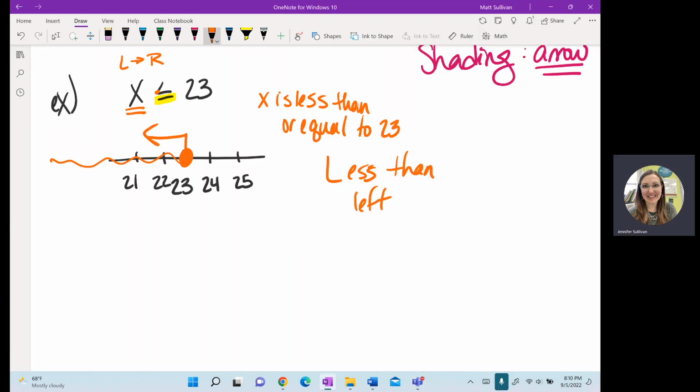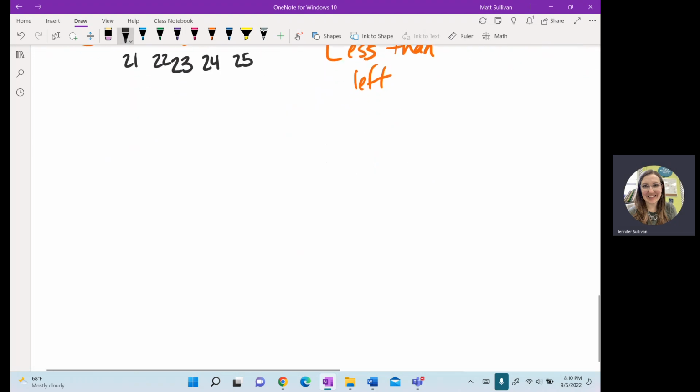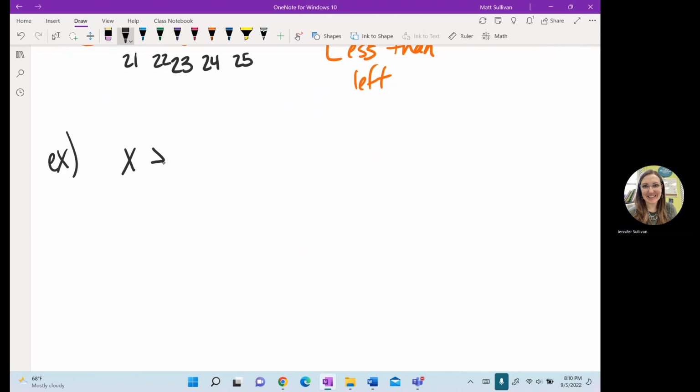Okay, we're getting there. Now the other one that we need to talk about is, what about the ones that have the not equal sign on it? Let's talk about this one. So when I would read this, first of all, what's my symbol?